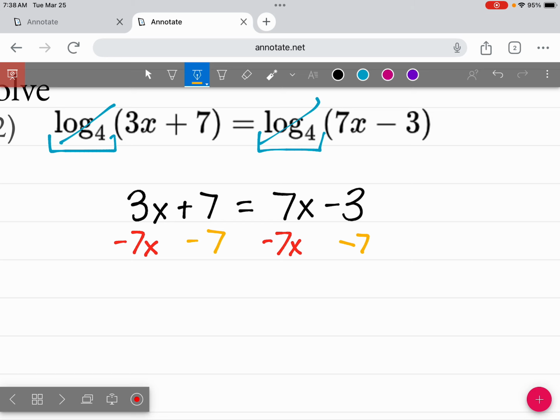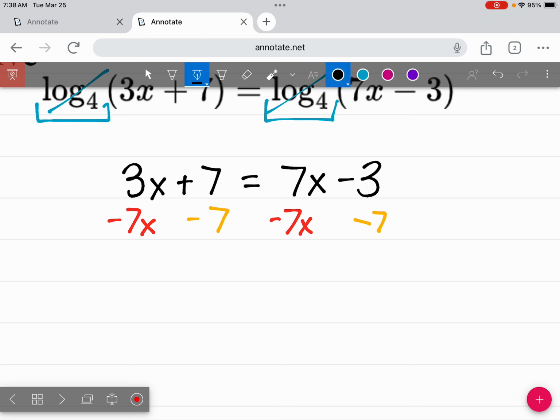If you wanted to have the least amount of negatives, you move the smallest of the x's, but it really doesn't matter. So if we do it in this order, we get 3x minus 7x giving us negative 4x. Because this piece and that piece cancel out, and this piece and that piece cancel out, and we get minus 3 minus 7 giving us negative 10.